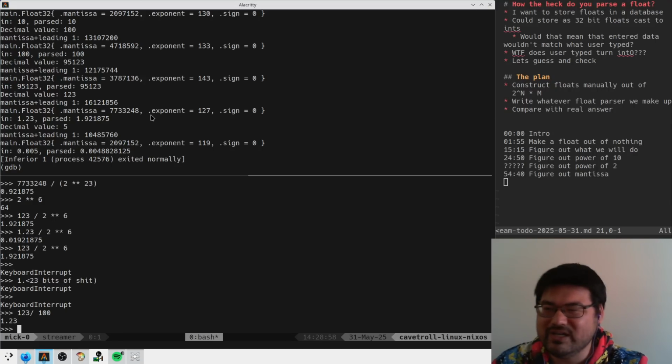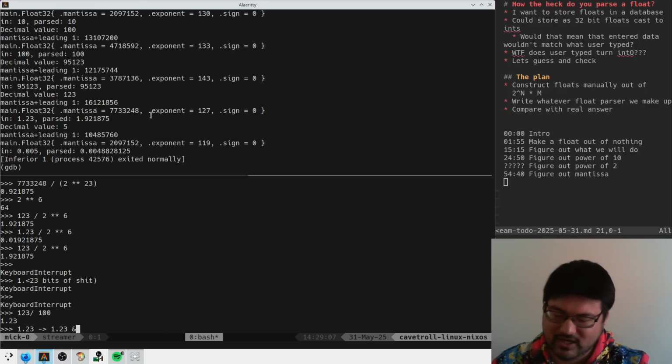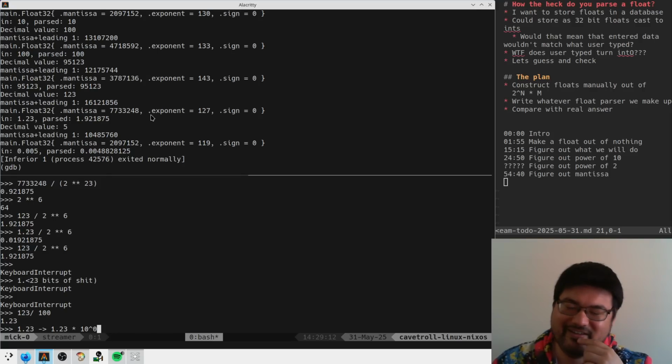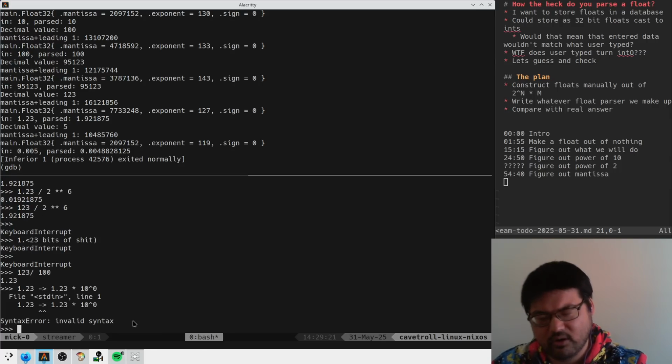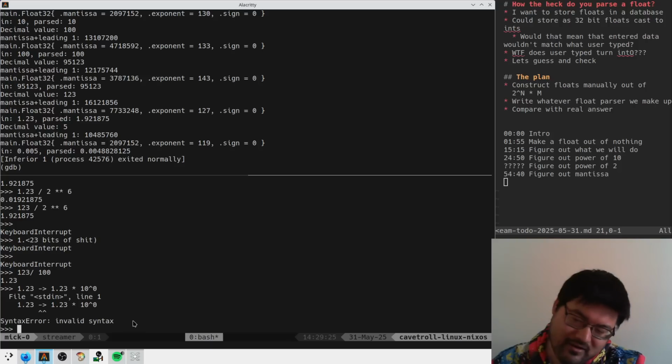So what are we doing? 1.23, this is like 1.23 times 10 to the power of 0, right? That's kind of how we parse this thing. So we say 10 to the power of 0 is like 2 to the power of 0, the equivalent power of 2.